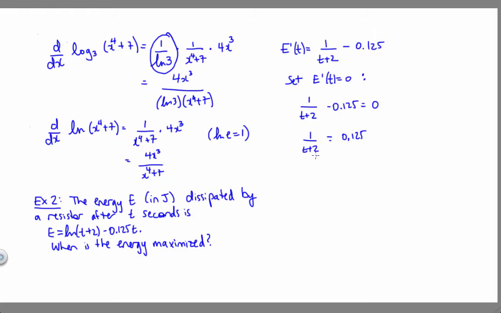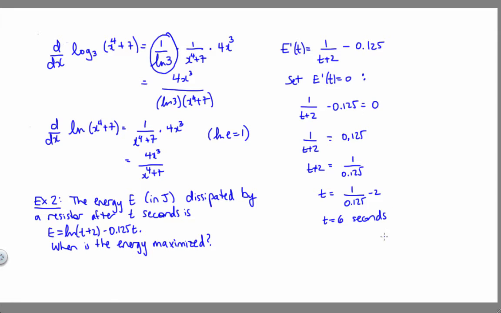And because t is in the denominator, the easiest way to solve for t now is to take reciprocals of both sides. So t plus 2 is equal to 1 over 0.125. And then we've got t is equal to 1 over 0.125 minus 2. So t is equal to 6. And that would be measured in seconds. So t equals 6 seconds.